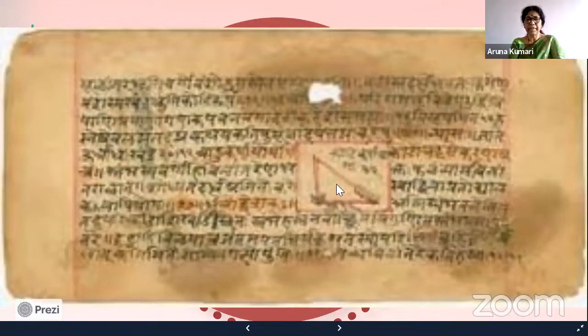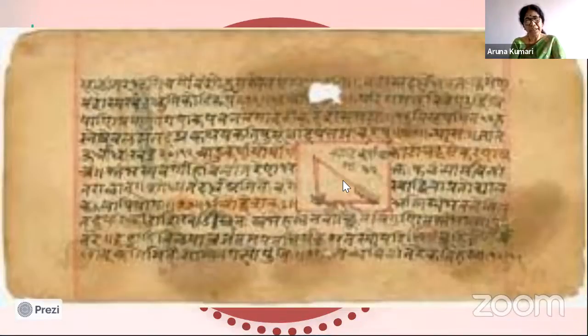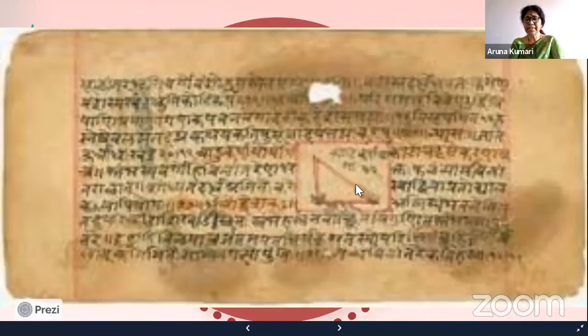The side opposite to 90 degrees has a special name, the hypotenuse, and the hypotenuse is the biggest side of the right angle triangle. Other than the hypotenuse, there are 2 more sides: one horizontal and one vertical. The horizontal side we take as the base, and the vertical is known as the height.